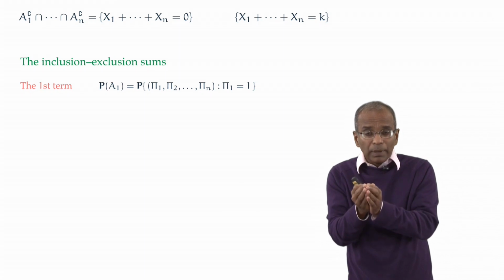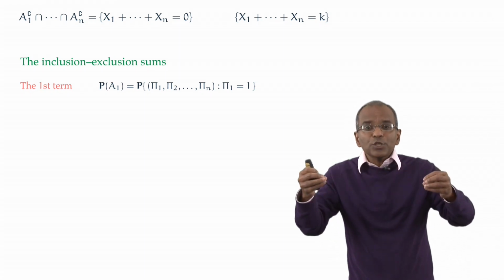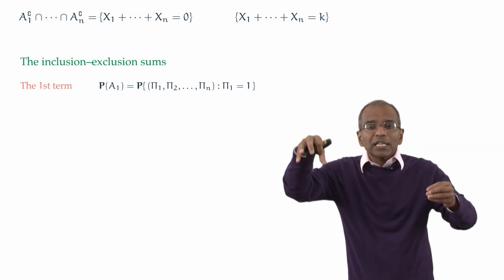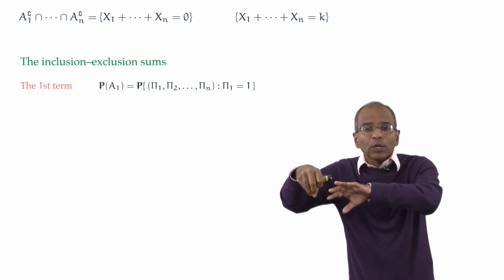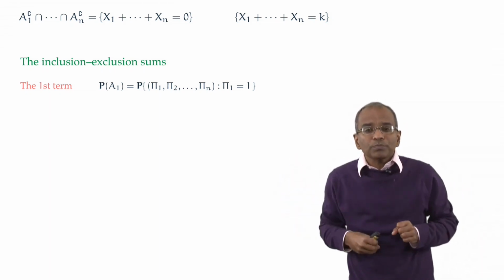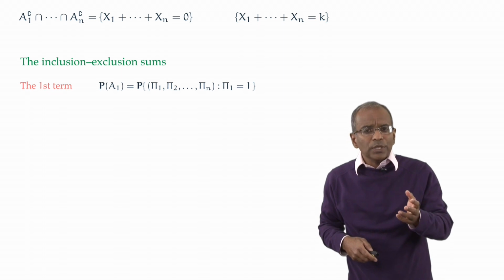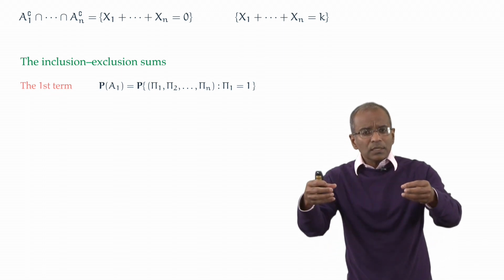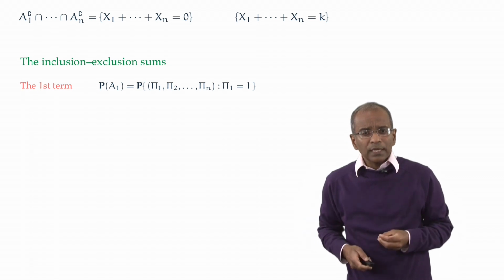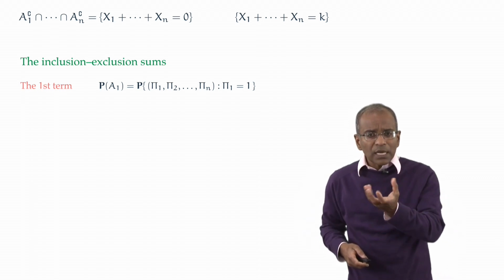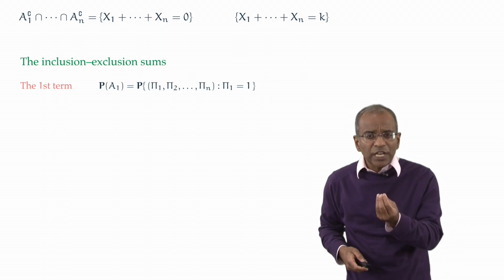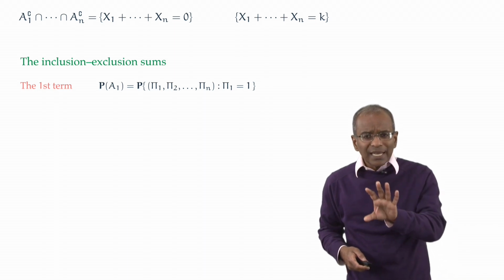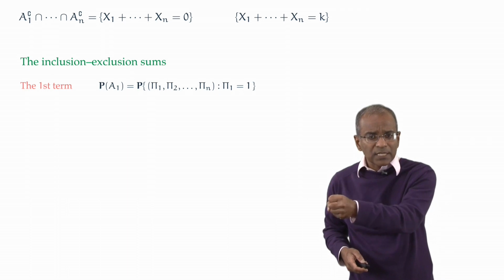Of course, this is the probability of that subset of n-tuples where the first element is locked in at 1, and all the others can be anything else they want. How do we compute this? Well, the cardinality of the event A1, the size of the event A1, the number of permutations that trigger A1, is easy enough to characterize. Remember, the first element is fixed at 1.